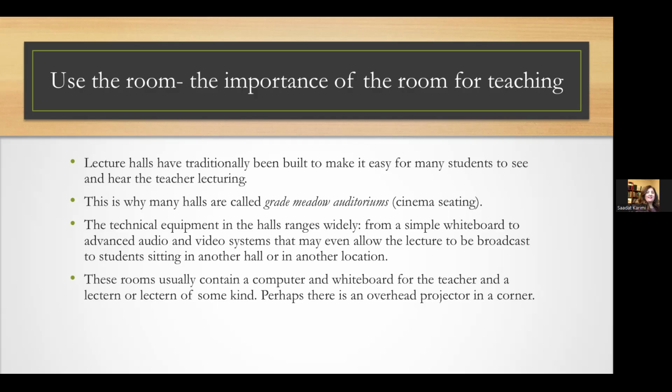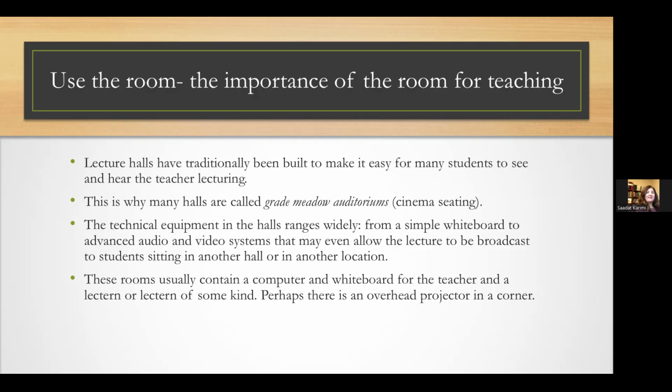What these rooms have in common is that it's easy to focus on the teacher and hear what she or he is saying. It's often more difficult to hear students speaking, for example, asking questions. And it's difficult for students to collaborate with each other, discuss with each other.